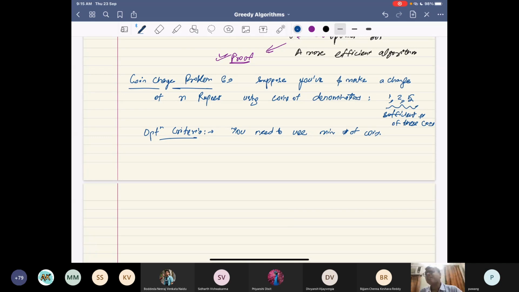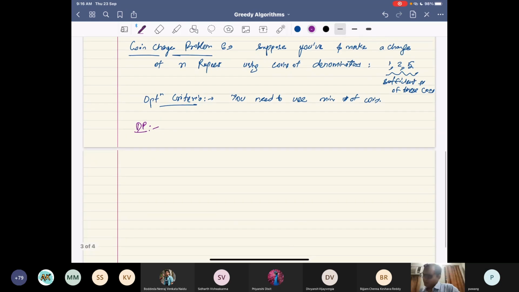Now let's think in terms of dynamic programming. How will you solve it in dynamic programming? You need to define what your subproblems are, and how to write the solution of your problem in terms of smaller subproblems, the recurrence formula. So in dynamic programming, how will you define your subproblems here?